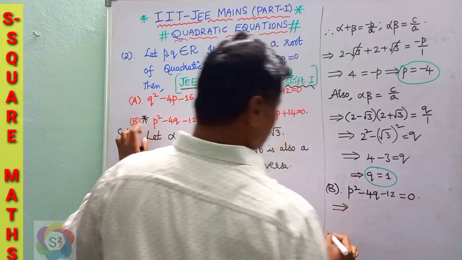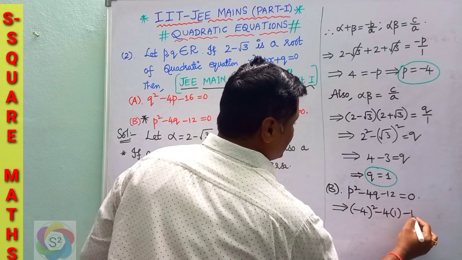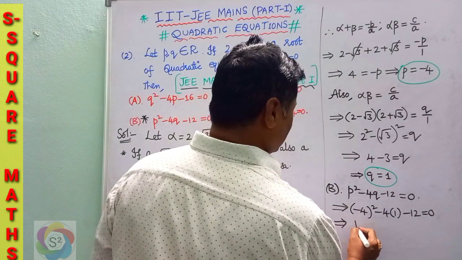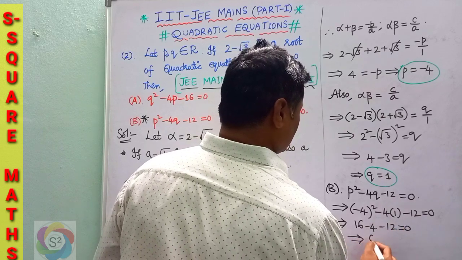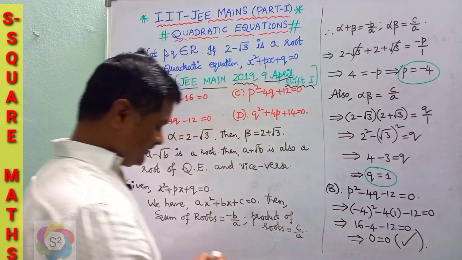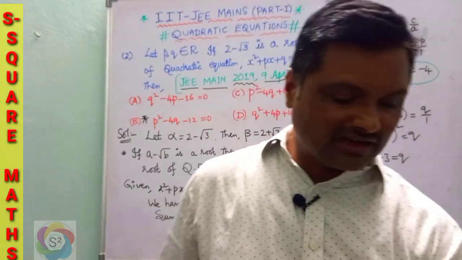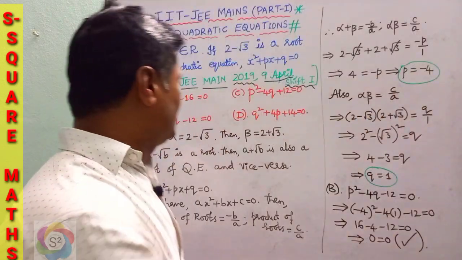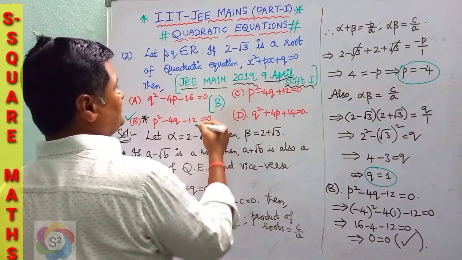So p is minus 4, whole square, minus 4 into 1, minus 12, should be equated to 0. Let us check. 16 minus 4 minus 12 is equal to 0. Finally 0 is equal to 0, which is a true statement. So among options A, B, C, D, our option is B.